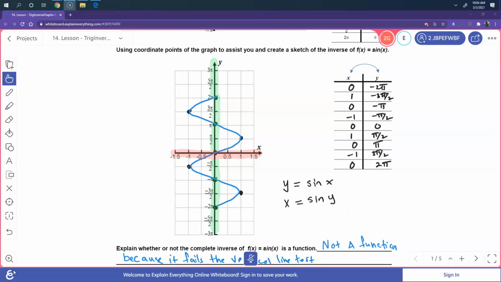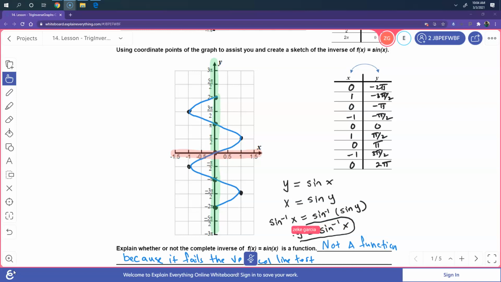In order for us to find the y value here, we have to use what we call the inverse function. In this case, we're going to undo this. So what we have left is y equals the inverse sine of x.